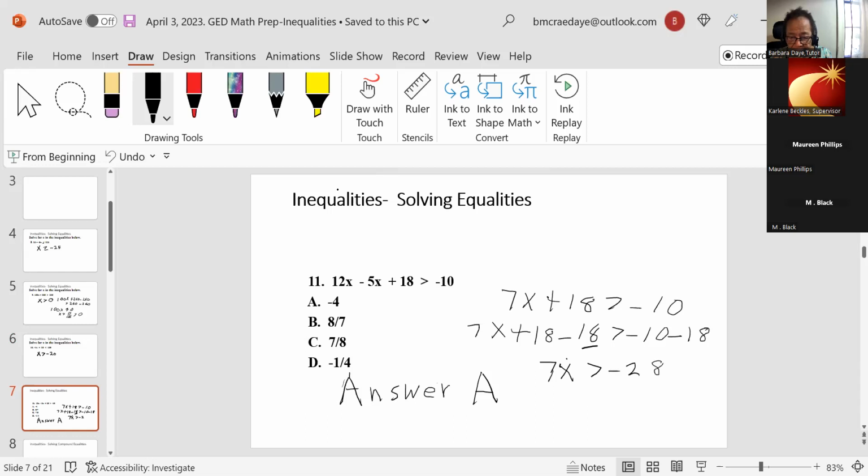And then when you divide both sides by 7, you get x greater than minus 28 divided by 7, and so x greater than negative 4. Got it, Mercedes? Yes, miss. Thank you. Okay, there we go.